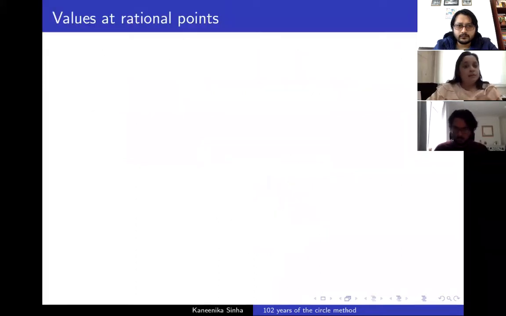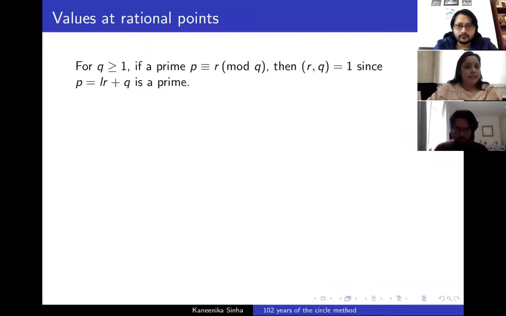Okay, so let's now generalize this to values at rational points. So in general, if you take any q greater than or equal to 1, and if you have a prime p which is congruent to r mod q, then since p is a prime, it forces your residue class r to be co-prime to q.